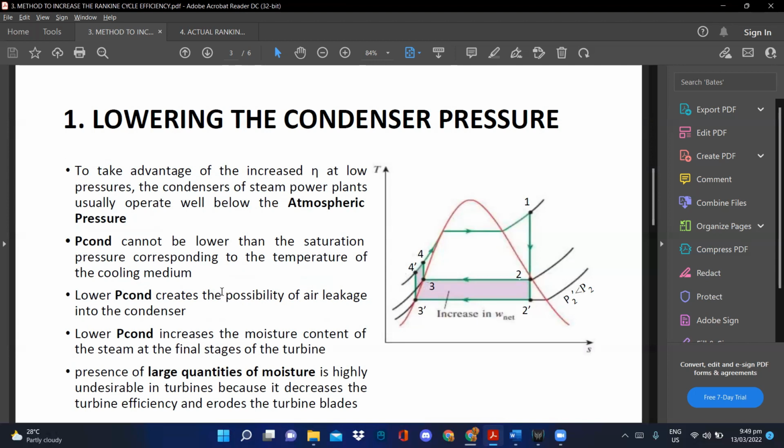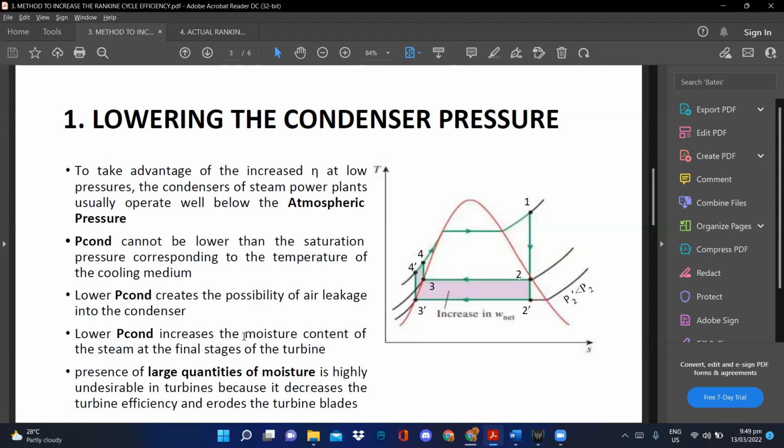Lower condensing pressure creates the possibility of air leakages into the condenser. So tama naman nga yun. A lower condensing pressure also increases the moisture content of the steam at the final stage of the turbine. Meaning, mas maganda kung mas malaki yung moisture content mo, because since it is a condenser, we turn the vapor to liquid.